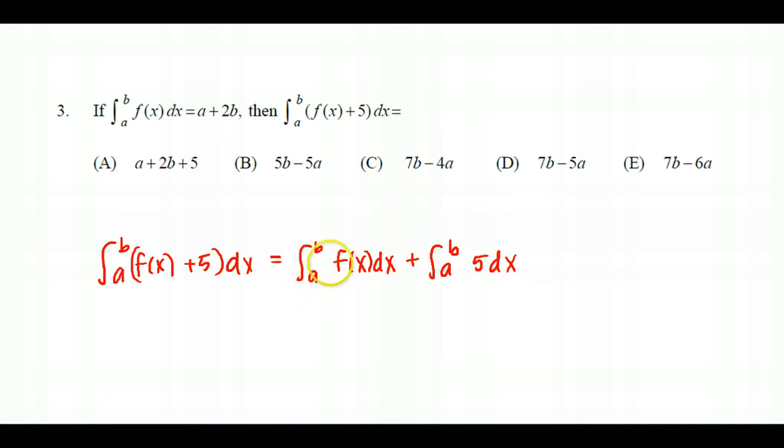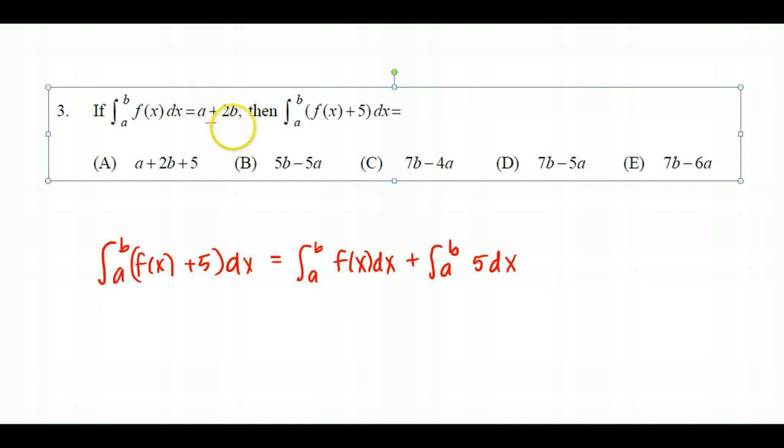Now, the integral from a to b of f of x dx, that's given. So the answer there is a plus 2b. So now it's a matter of solving the integral from a to b of 5 dx. Now this too was a property of definite integrals.